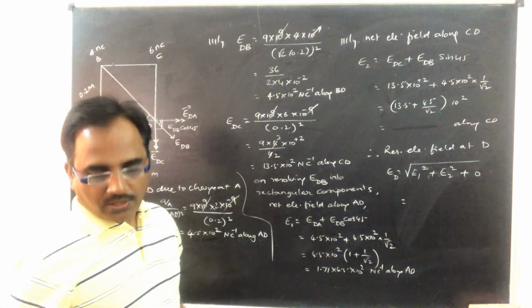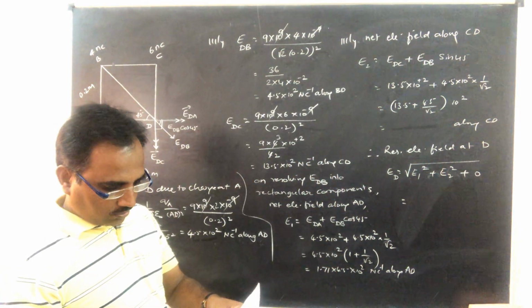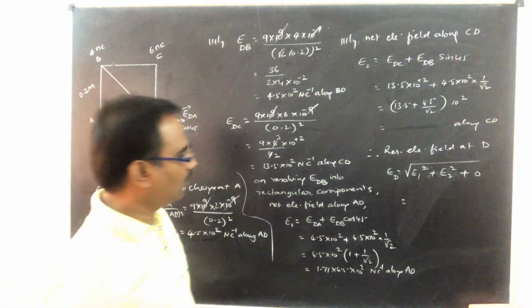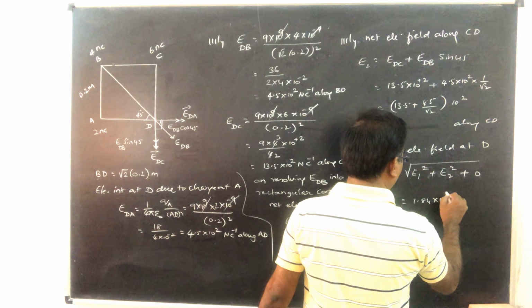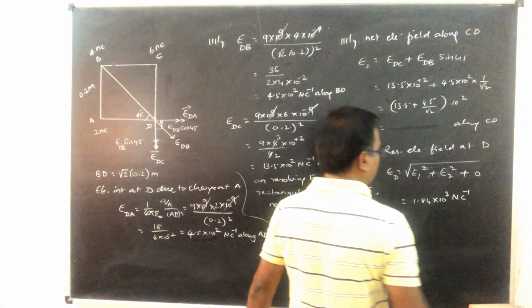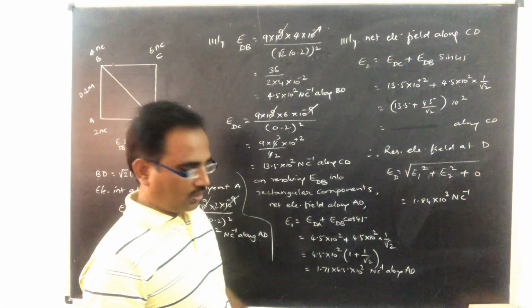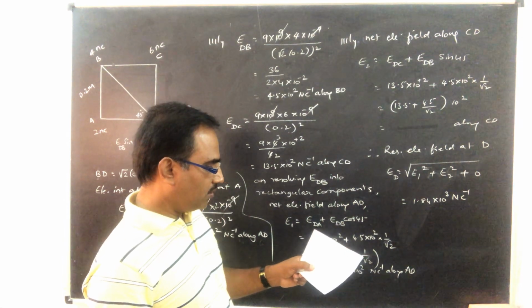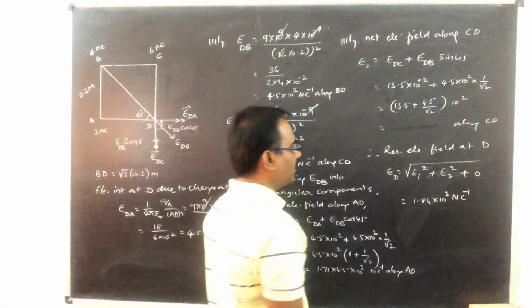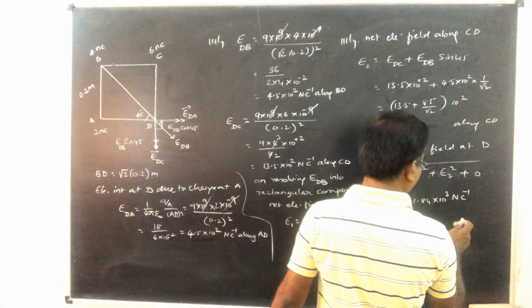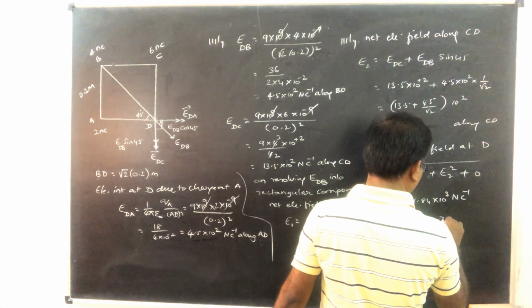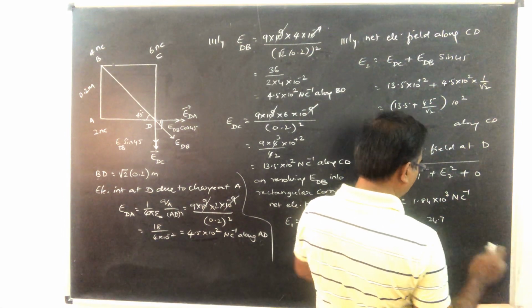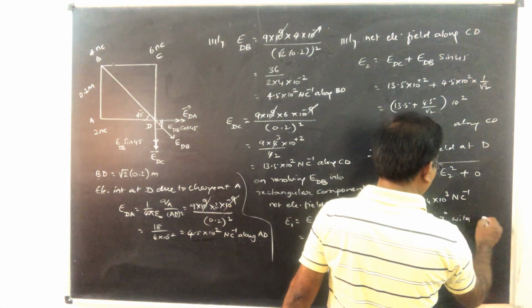When you do this calculation, you will get around 1.84 into 10 to the power of 3 Newton per Coulomb, and its direction will be 24.7 degrees with CD.